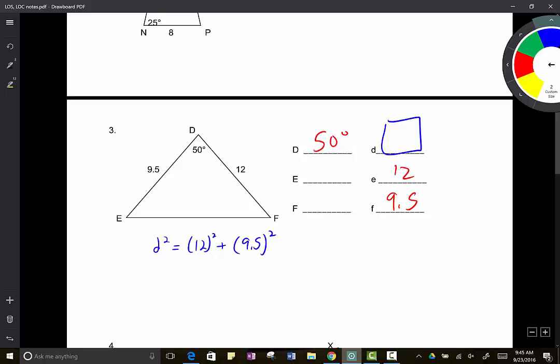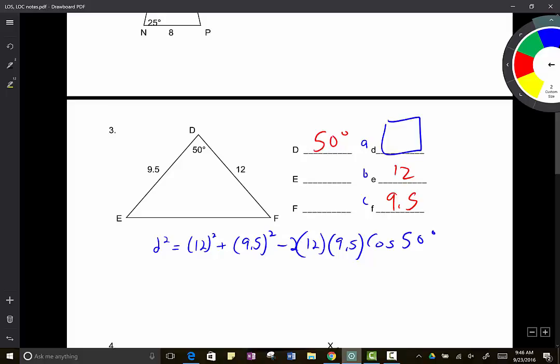And you might be thinking, why am I not using A, B, and C? It's because they gave me D, E, and F. But if you want to, you can label those A, B, and C if that confuses you. So we have D squared equals E squared plus F squared minus 2 times E times F times the cosine of angle D.